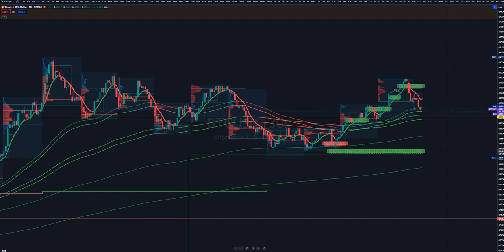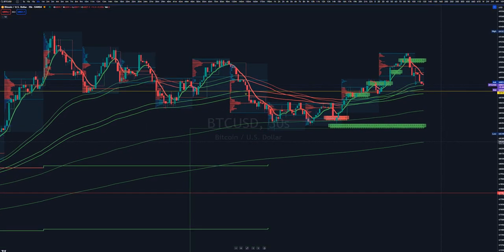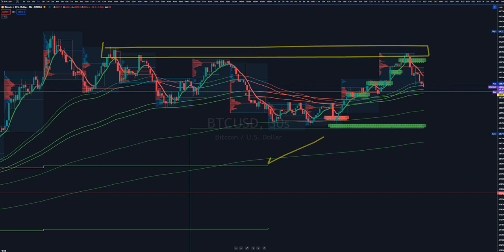So let's see now how our hourly time frames are doing. The hourly is still green. The market has some difficulties breaking the 69,150 level, something like that, as we have seen.